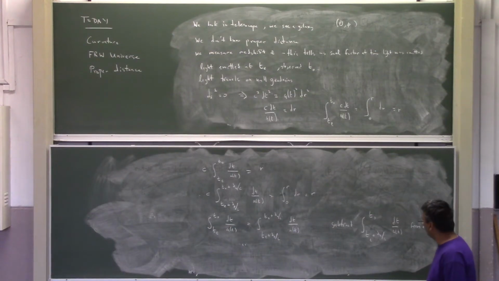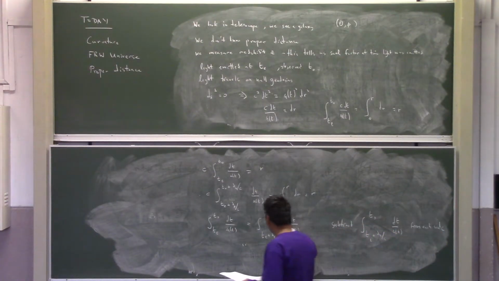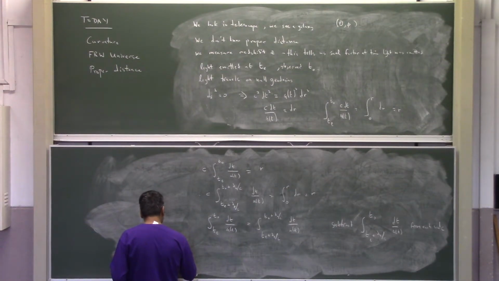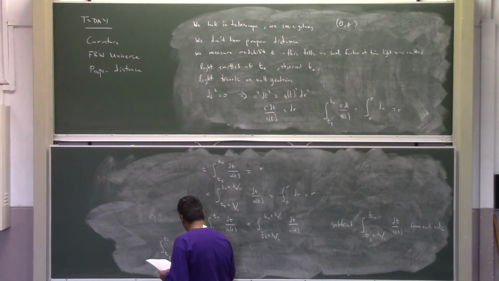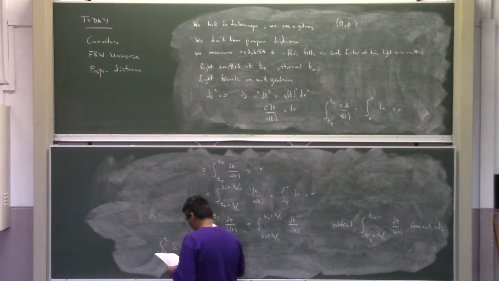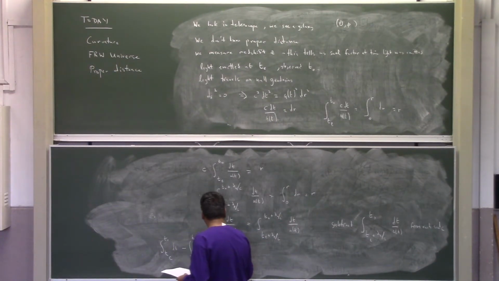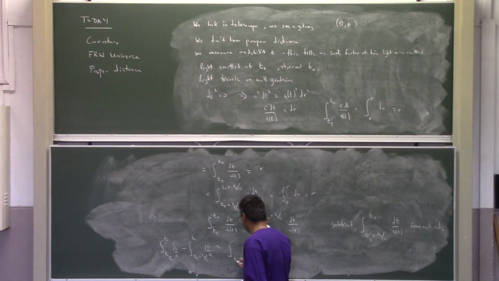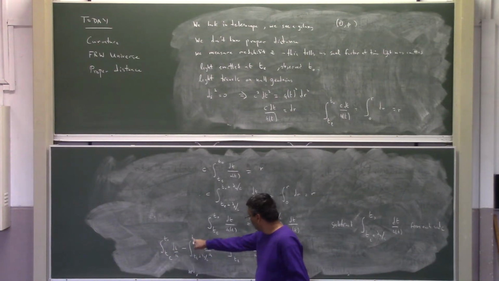It takes a while to stare at this equation and figure out this is the right thing to do. But let's assume that we're clever enough and we figure out this is what to do. So now what happens? We have the integral from t_E to t0 of dt over a minus the integral from t_E plus lambda E over c to t0 of dt over a. So this equals the integral from t_E to t_E plus lambda E over c of dt over a, because this term and this term will cancel.